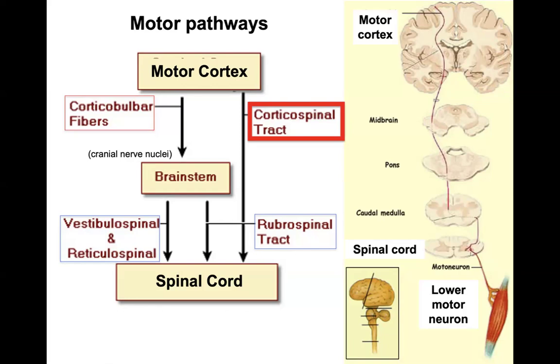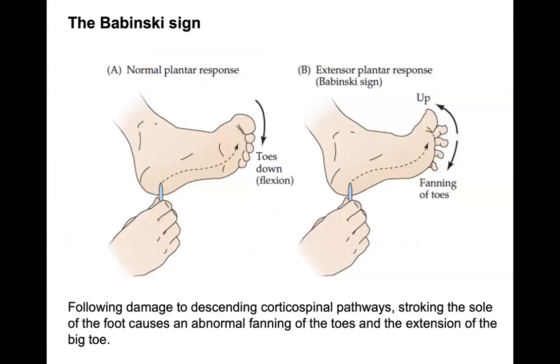Hypo or hyper reflexia? Hyperreflexia, right? But the problem is that if the patients are unconscious, lying down on the emergency bed, you're not going to wake them up, and deep tendon reflex is not easy to do, right?